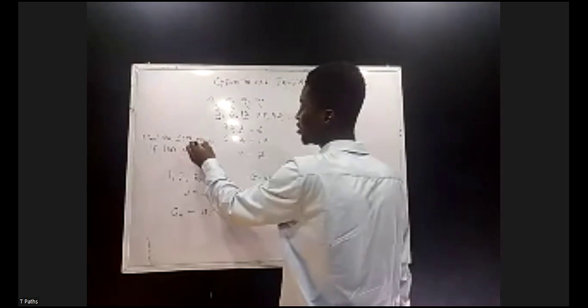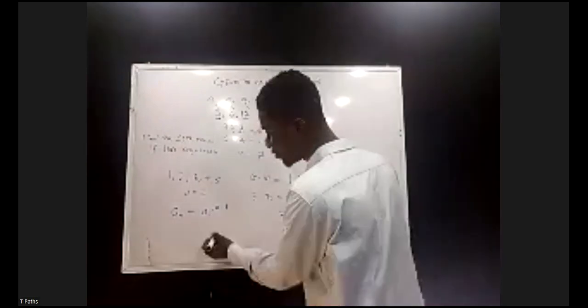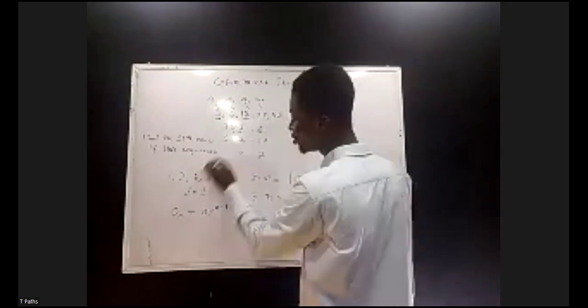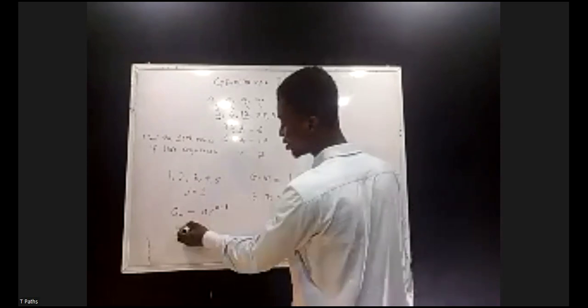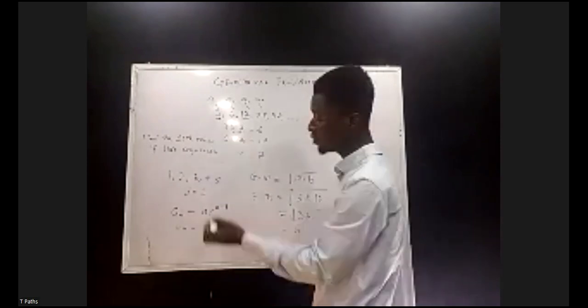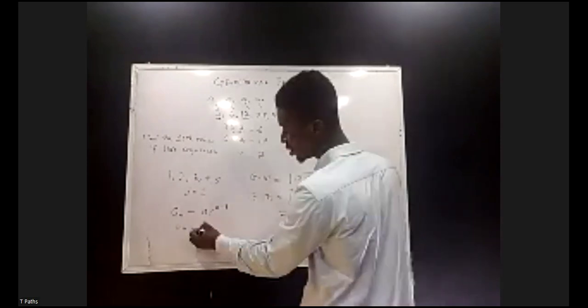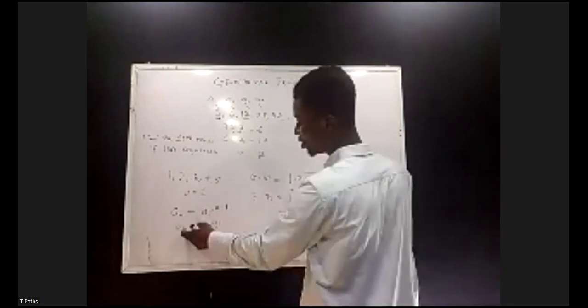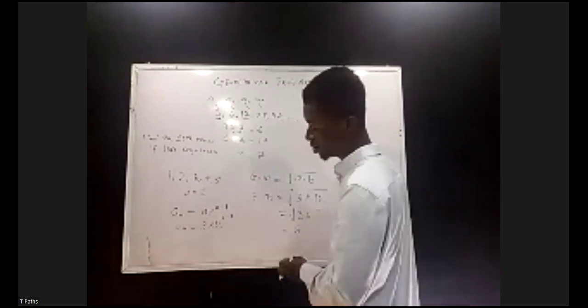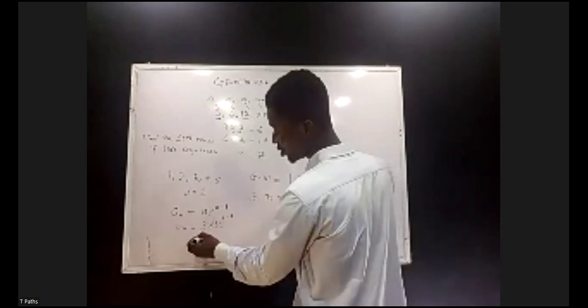We are asked to find the 10th term of this sequence. We have our A known. So we write A subscript 10, for the 10th term, is equal to, we know our first term to be 3, multiplied by the common ratio, 2, raised to the power 10 minus 1.